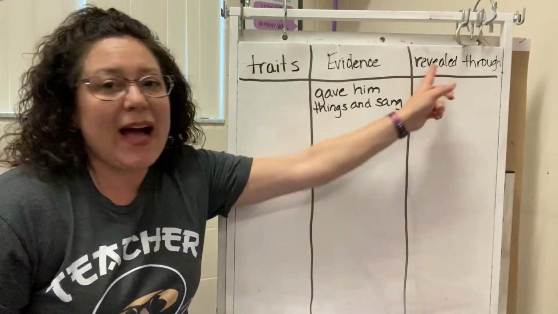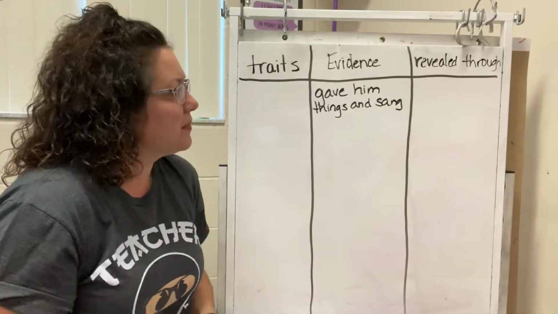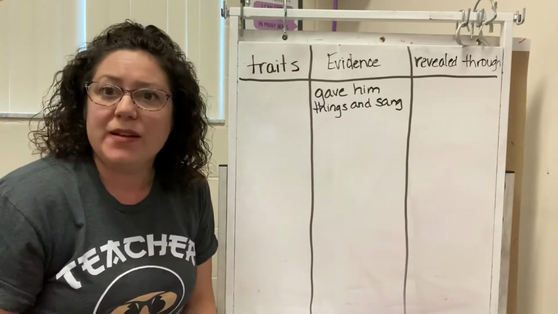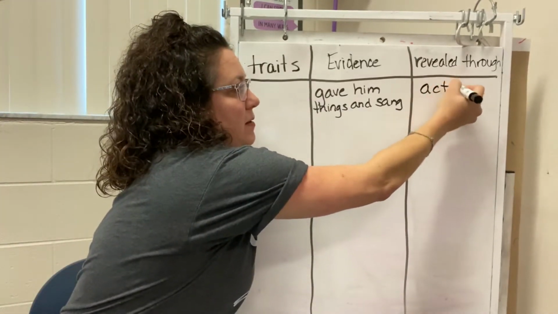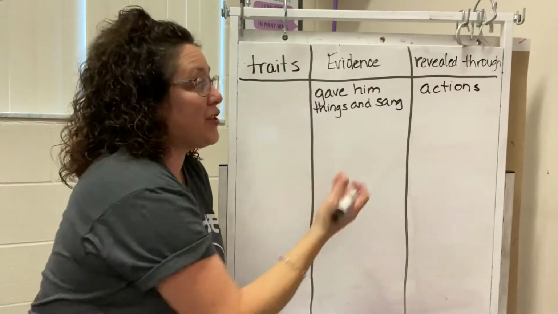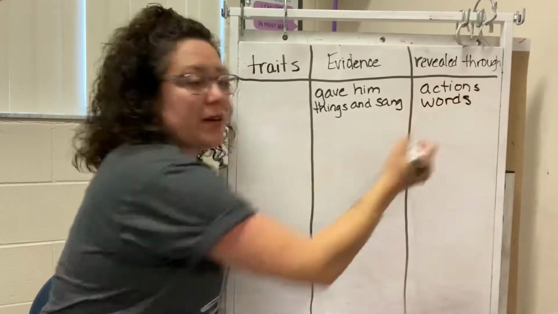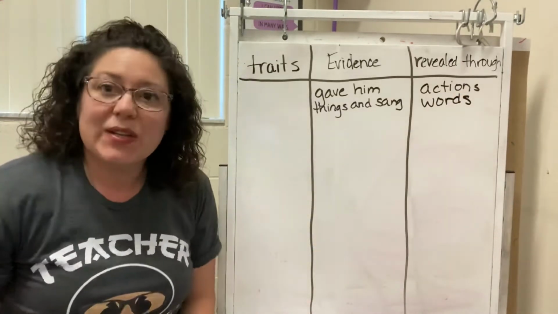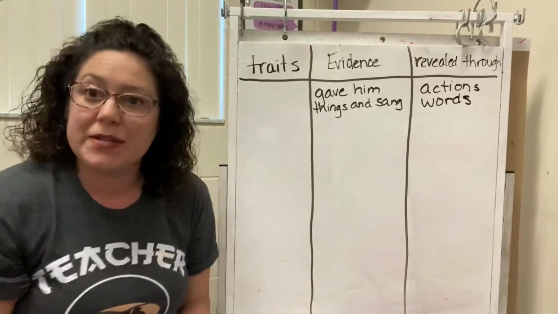And revealed through, how do we know that she gave him things? That's through her actions, right? What she was doing, those are her actions. So it's revealed, it's given to us through her actions and her words, because singing is with words, right? So let's stop and think about how we can infer her character trait.